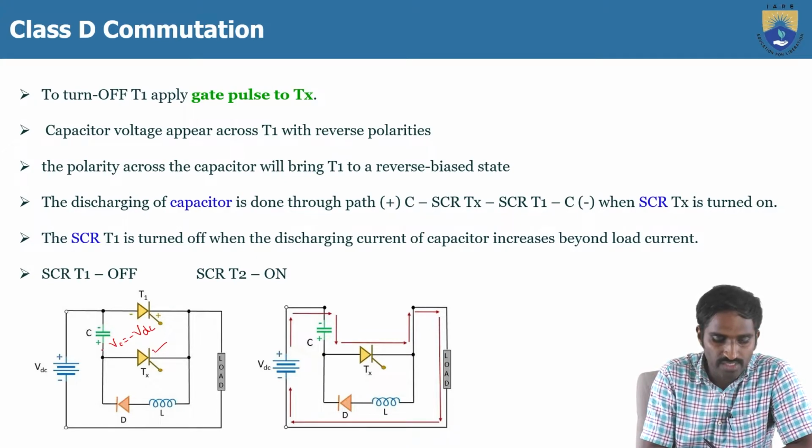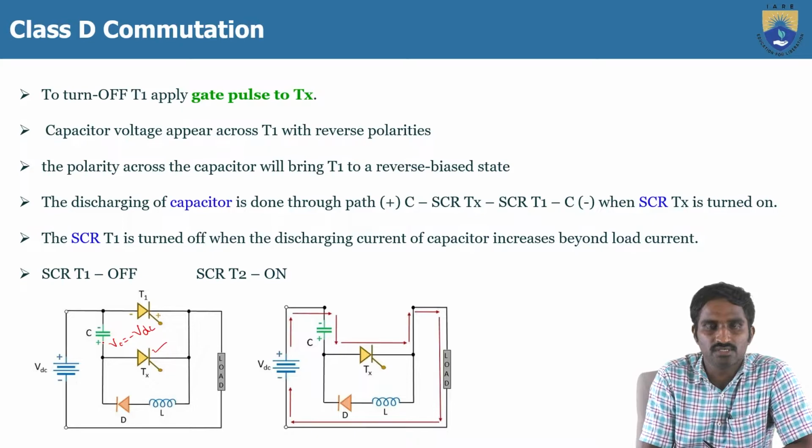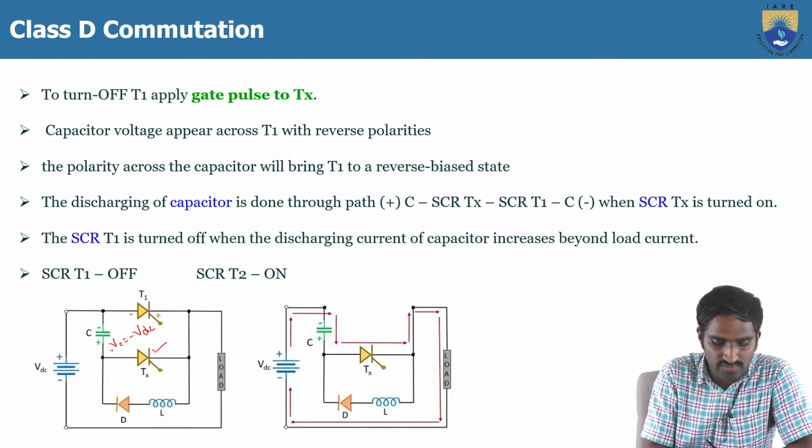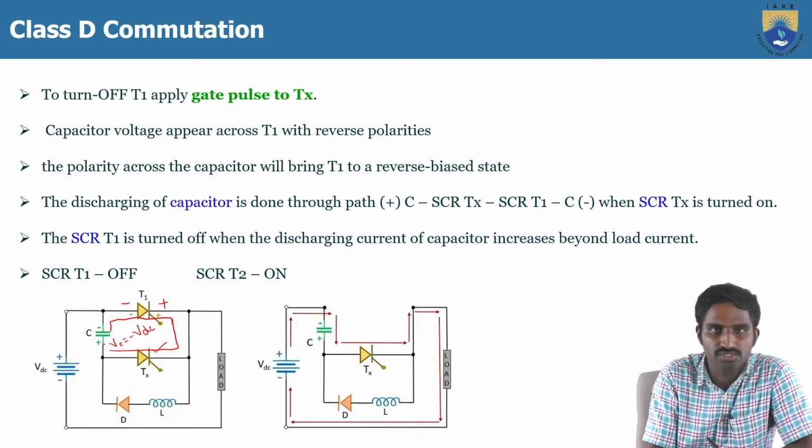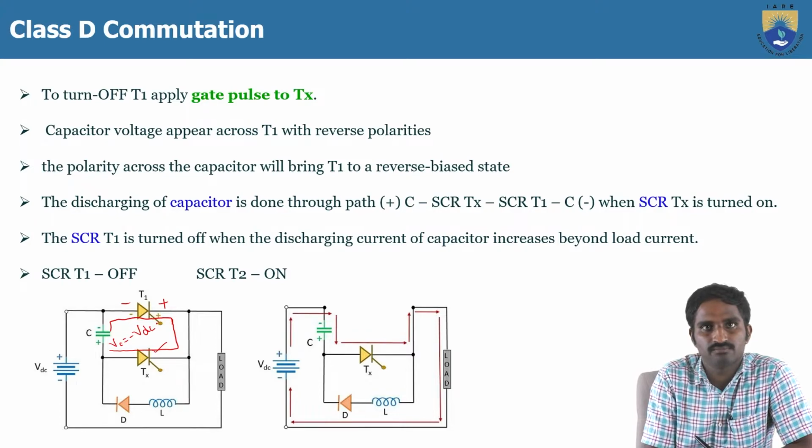Then we are providing the path to discharge this capacitor through Tx, from the positive terminal of the capacitor to Tx to T1 to the capacitor C. This means the reverse biased voltage is applied across thyristor T1, because the cathode is connected to the positive terminal of the capacitor and the anode is connected to the negative terminal of the capacitor. So thyristor T1 will get turned off.